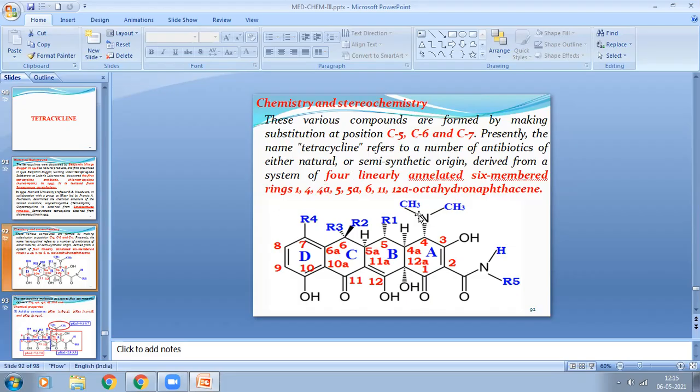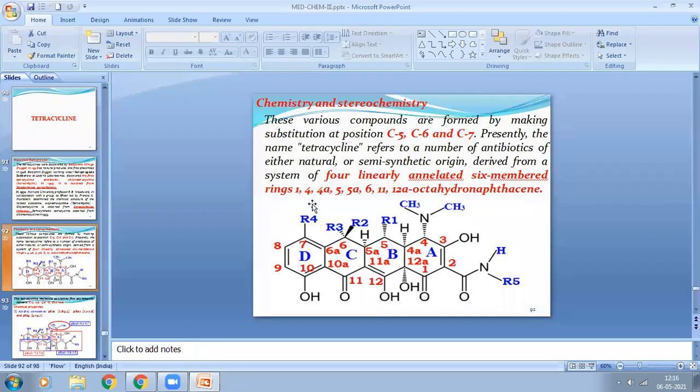Both semi-synthetic and natural tetracyclines consist of linearly annulated six-membered rings, that is 1, 4, 4a, 5, 5a, 6, 11, 12a-octahydronaphthacene. As I already told, the semi-synthetic tetracyclines are obtained from chlortetracycline in 1953.